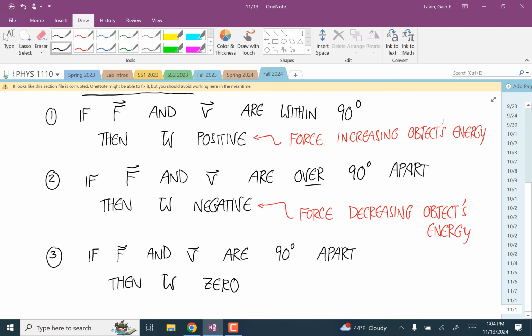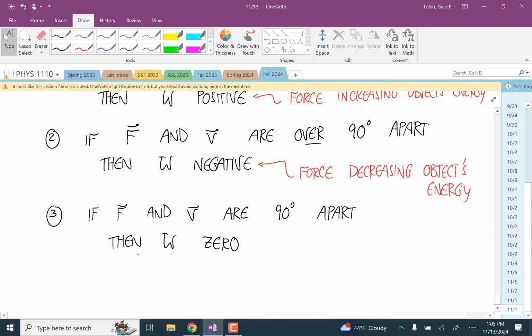If they're roughly opposite each other, more than 90 degrees apart, then the parallel acceleration is in the opposite direction of the velocity, and it's slowing down, so energy is being removed from the system. If they're exactly 90 degrees apart, then that force isn't producing any parallel acceleration at all. It's only producing a perpendicular acceleration, which means it might be making it turn, but it's not having any effect on its speed. And so in that case, the energy isn't changing.